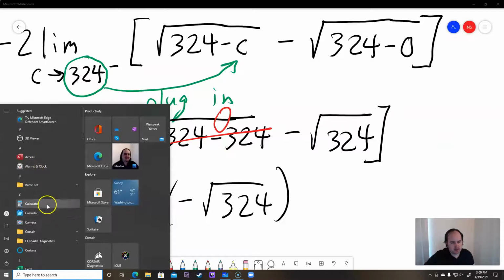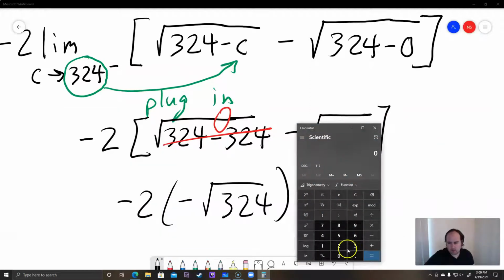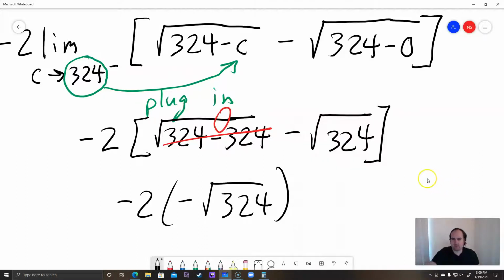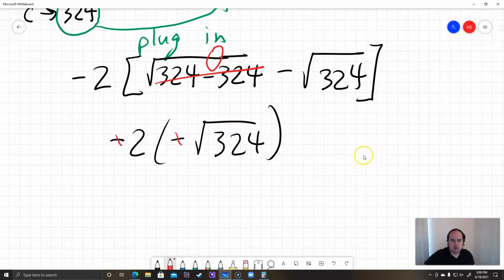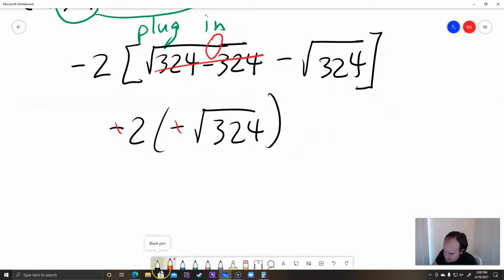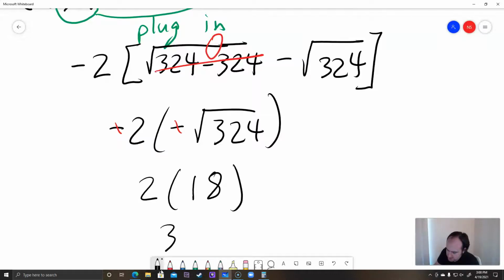I'm just going to use this calculator here for convenience. So 324 and then square root is 18. Okay, it's 18. And then of course these minuses are going to cancel out. Okay, so here we just have 2 times 18, which is 36. Okay, so our answer to this problem is 36.